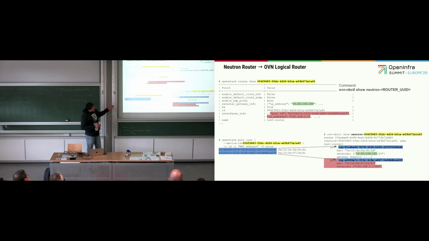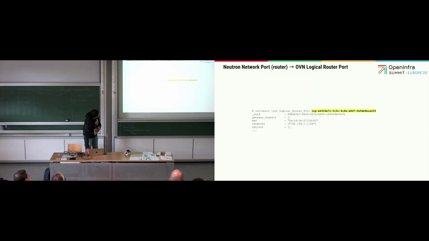But the interface is kind of the same. The only difference is that the ports for the actual public network, the provider network, usually have a gateway chassis inside this output. But internal interfaces have the same IP addresses and the same MAC addresses configured. In the next slide you will see this interface.